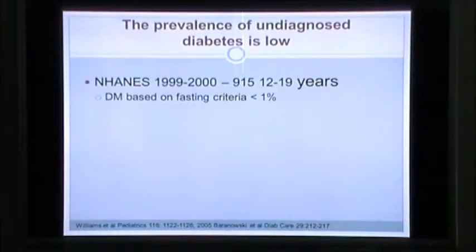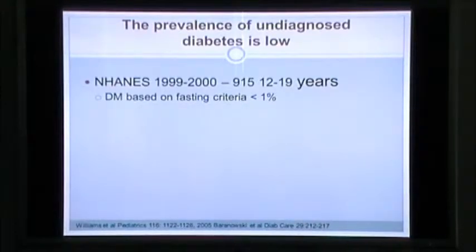Secondly, there's a different pathophysiology here, despite what I told you a few minutes ago. One thing that's different is that the prevalence of undiagnosed diabetes is extremely low. You may know that estimates are that approximately 50% of adults with type 2 diabetes are undiagnosed. So if you go out and screen, you will find double the number diagnosed.